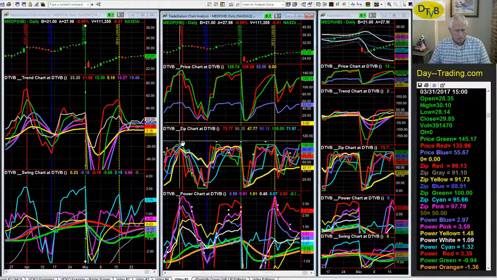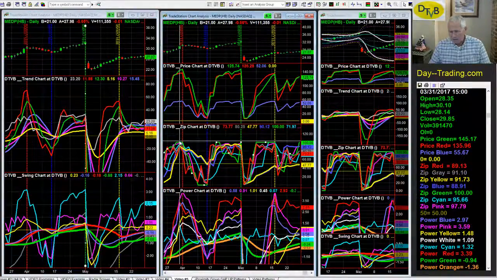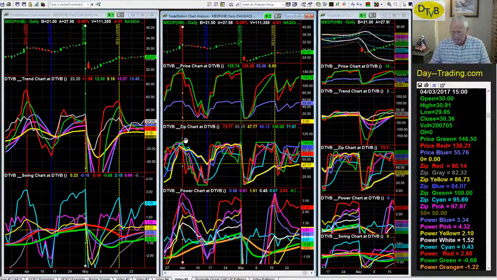You got green and Zip Zion and pink in low angles up. I'm going to check. Zip Zion is at 95.66, and on the red vertical line day, Zion is at 95.69. So it's a low angle up just by 0.03 of a point. And so that tells you that there's a downtrend.